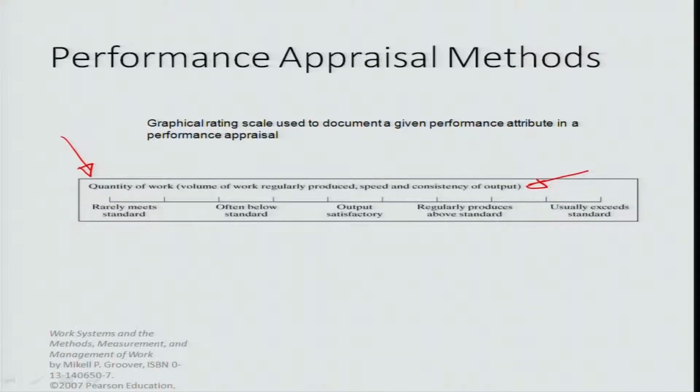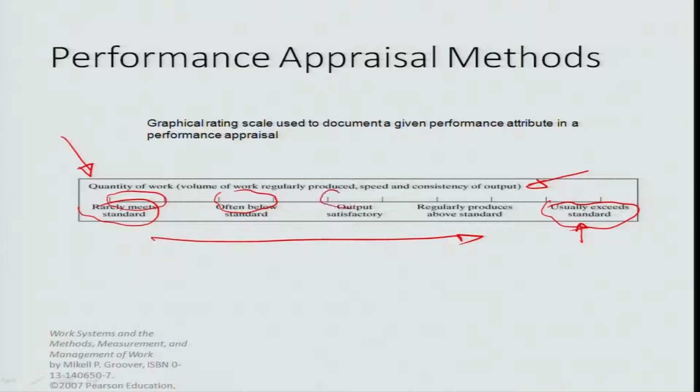So, you have a scale now, usually exceeds the standard quantum of work, which is probably the highest grade, and then rarely meets standards, and there is a graphic scale which gives an idea of where you should put the concerned employee, either on the exact grades or degrees which are being shown here, or in between. So, you have a little more flexibility to rate an employee based on such attributes in a linear manner in a scaled system. Okay. So, this is another way using a graphical rating scheme.